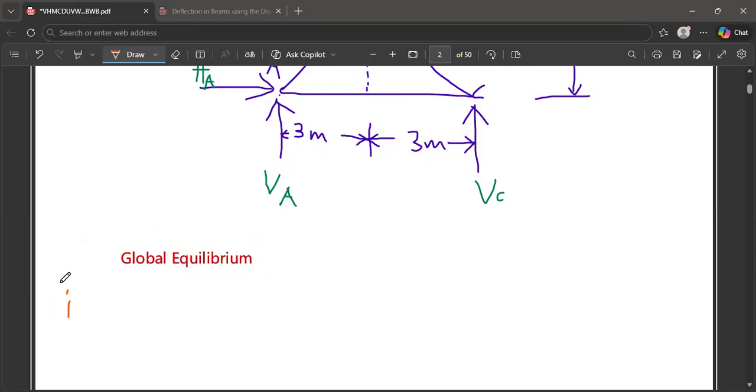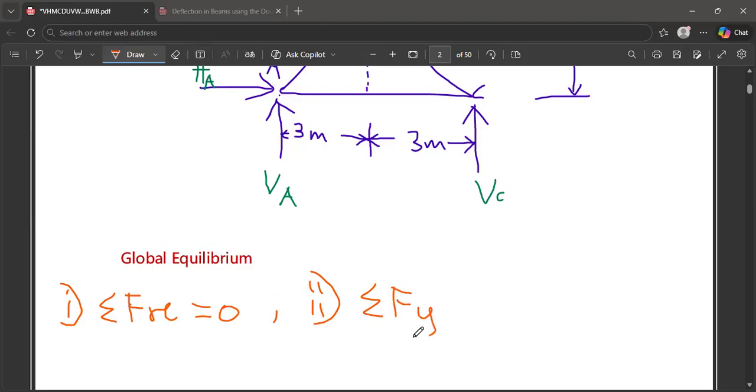The first one: sum of all forces in the x-axis should always be equal to 0. Also, sum of all forces in the y-axis should always be equal to 0.